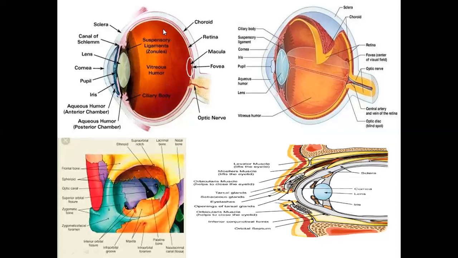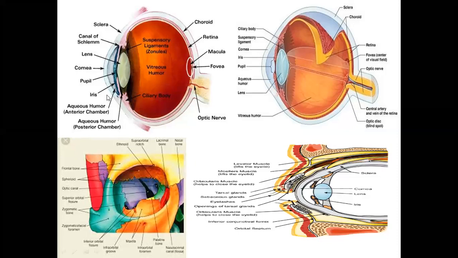So this is the anterior chamber between the cornea and the iris, and here is a very important structure, the canal of Schlemm. The canal of Schlemm drains the aqueous humor, and it maintains the intraocular pressure in the eye.